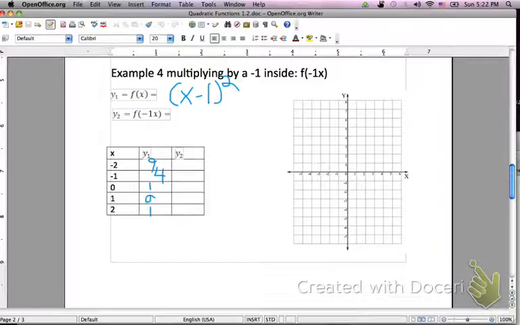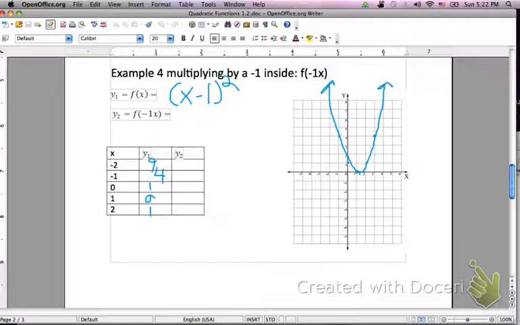Okay, and we already know it's going to simply shift our parent function to the right 1. So I have 1 at 1, 0, point there, point there. So our function y1 will look like that.